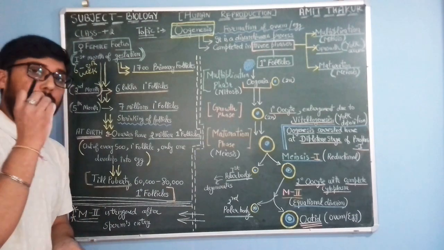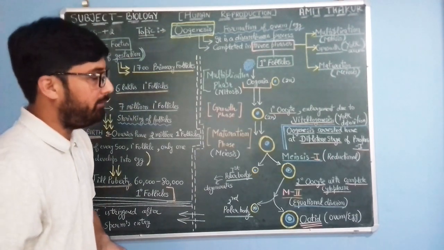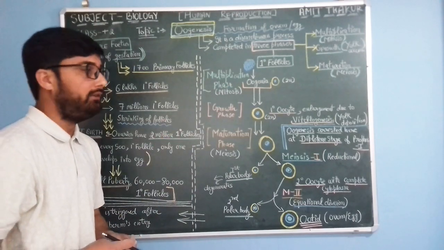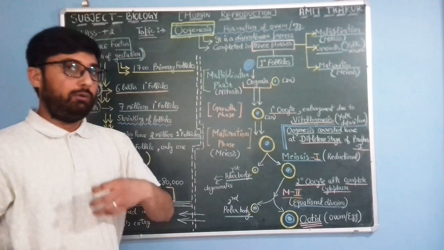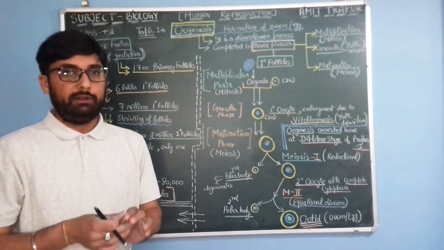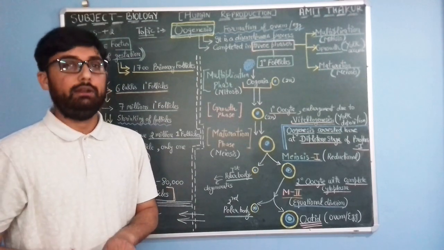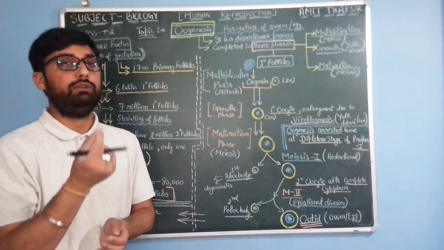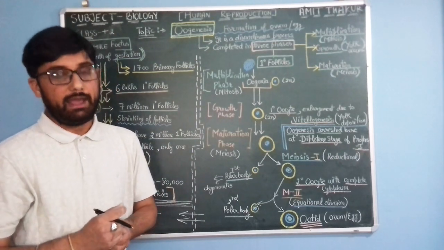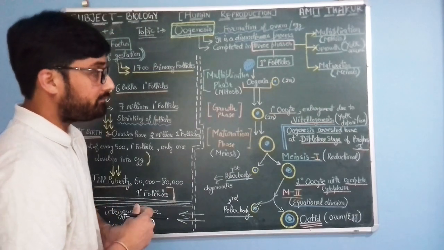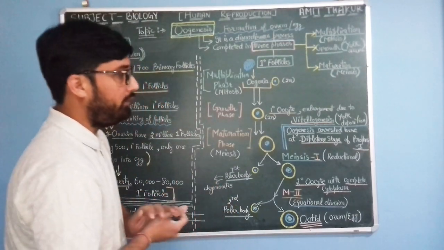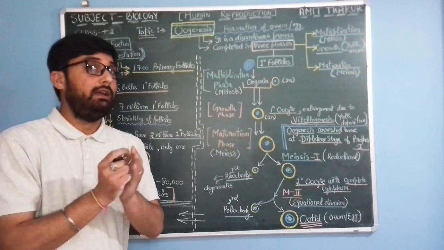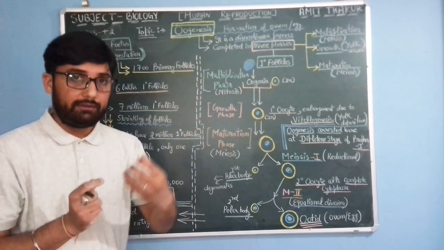Okay, so one more important thing you have to remember during the process of oogenesis. Why do we call it discontinuous? As I told you, at the time of puberty, only 60 to 80,000 primary follicles are active, and out of every 500, only one primary follicle would get a chance to become an egg. So, at the time of puberty, what would happen? That oogenesis or the formation of egg has to be arrested.